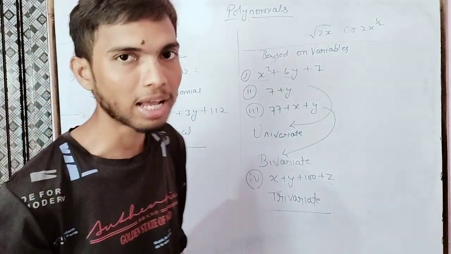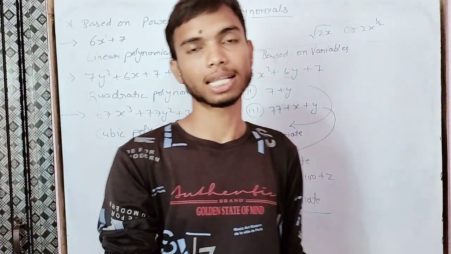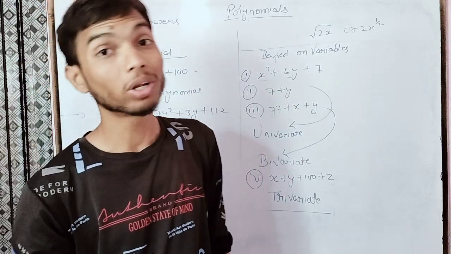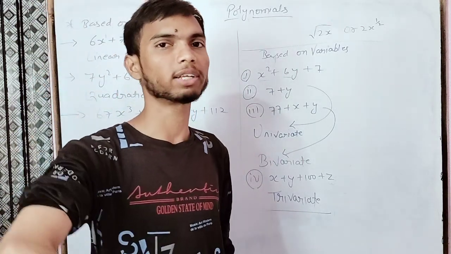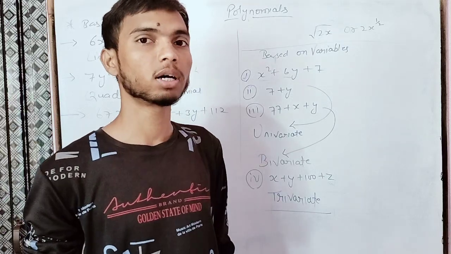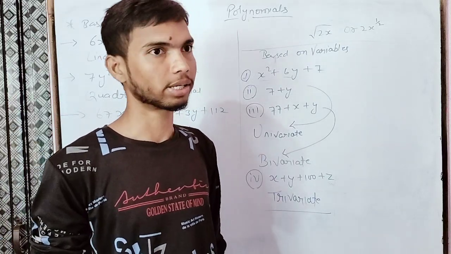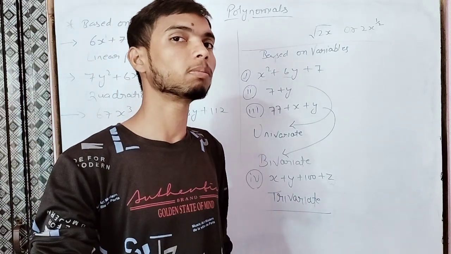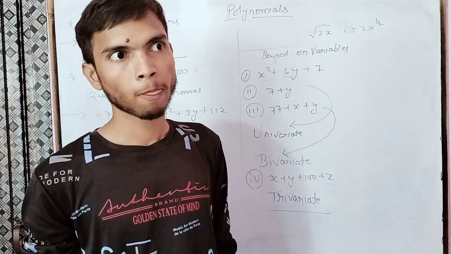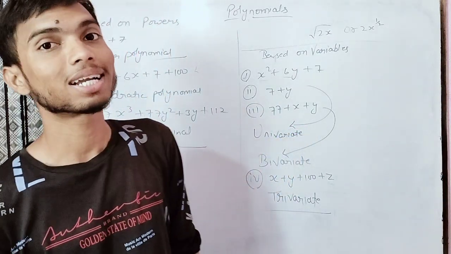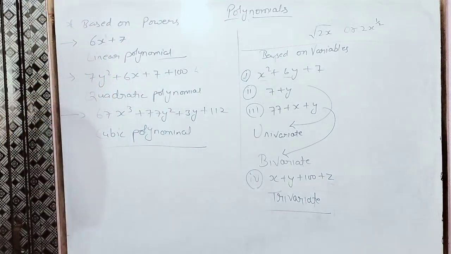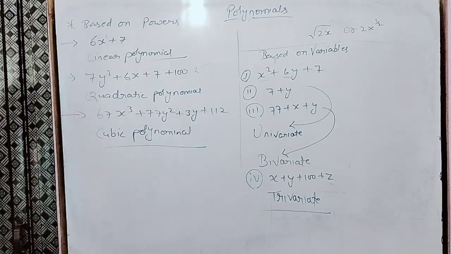If there is one variable, the polynomial is univariate. If there are two variables, it is bivariate. If there are three variables, it is trivariate.